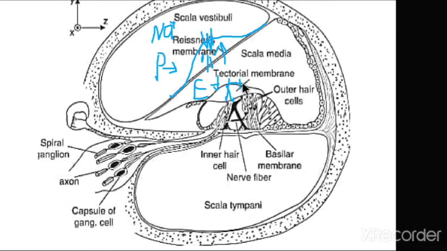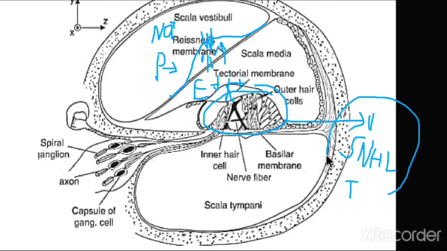The mixture of these ions may depolarize the organ of Corti placed above the basilar membrane within the scala media, and may lead to symptoms like vertigo, sensorineural hearing loss and tinnitus. These are the triad of Meniere's disease. Sometimes the patient may feel aural fullness, that is, excessive pressure may lead to fullness of the ear.